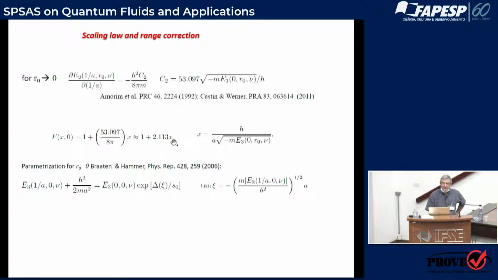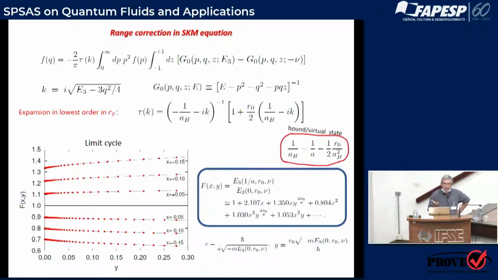But what else? If you look at this Physics Reports by Braaten and Hammer, they have already parameterized that correlation in these terms, but for effective range zero. And you see here the Efimov exponential that is part of that.